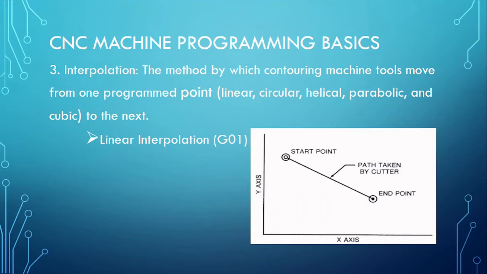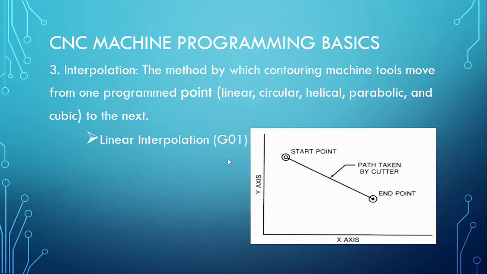Interpolation could be linear, circular, helical, parabolic, or cubic, depending on the dexterity possible with such a machine tool. For linear, the interpolation from the previous coordinate to the next is a straight line, whereas for circular it is either clockwise or counterclockwise, and likewise for helical and the rest.